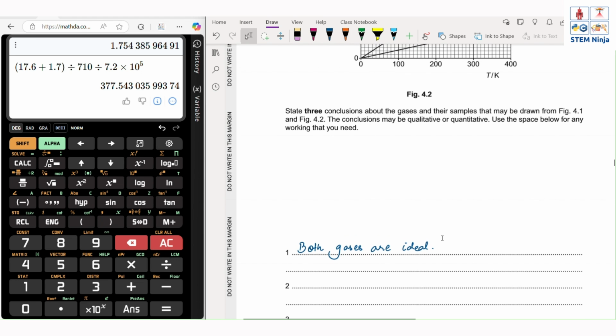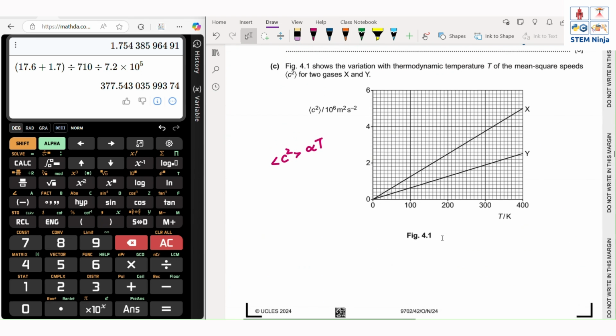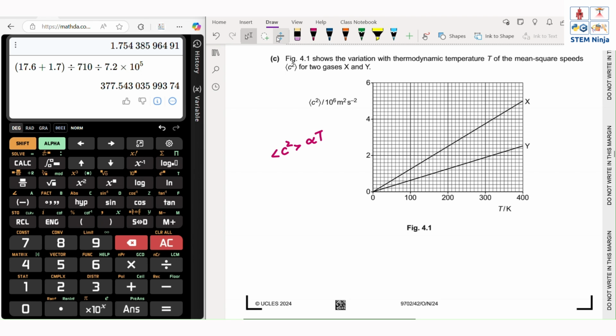Now let's examine this in a little bit more detail. We know the relationship between mean squared speed and temperature. That is 3kT over m, which means that 3k over m is the gradient. So if we examine the values, 2 is divided in 10 parts, so each mark is 0.2.